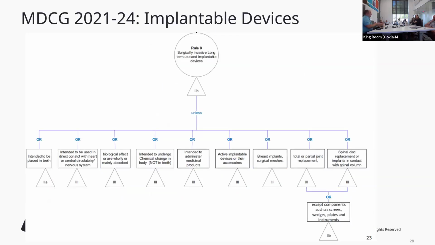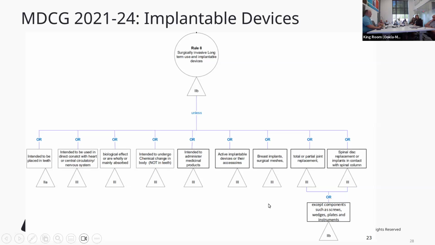And then looking at long term, so these are your implants. There's quite a bit more areas where you can get into high classification. So, of course, your direct contact with the circulatory system is still there. We have a lot of devices that are actually absorbed. Those would put it into a class 3 area.